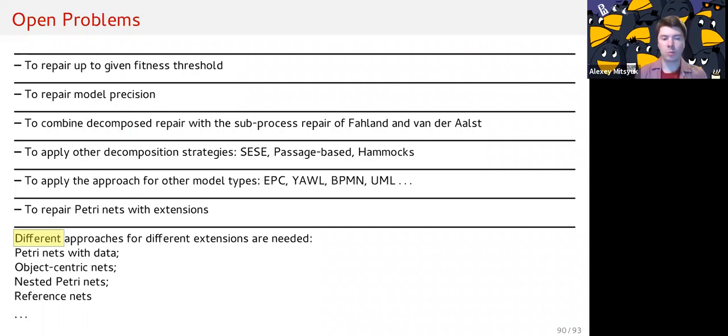apply just these methods for ordinary Petri nets, but together with additional constraints, just to be sure that the problems or inconsistencies in a particular trace are not related to, for example, data inconsistencies.